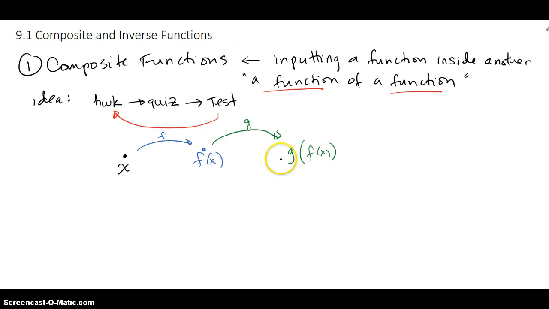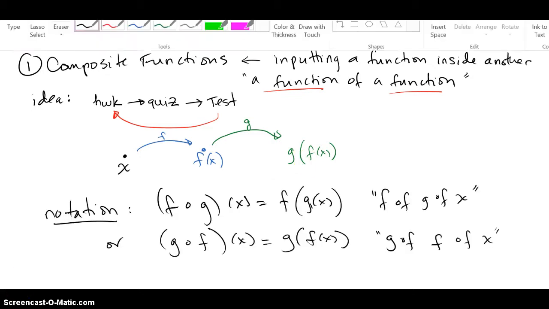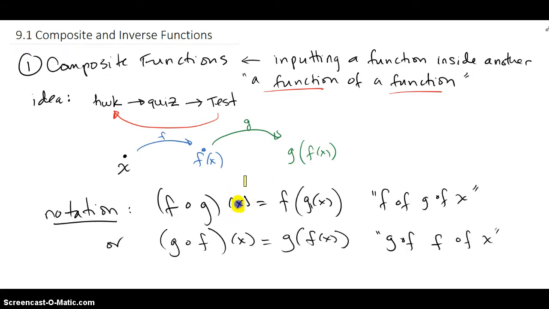So the notation for it is you have an input x that gets grabbed by whoever's closest to it first, so it gets grabbed by g, that creates g of x, and then f, the final piece, grabs whatever output was produced, and it's pronounced f of g of x.